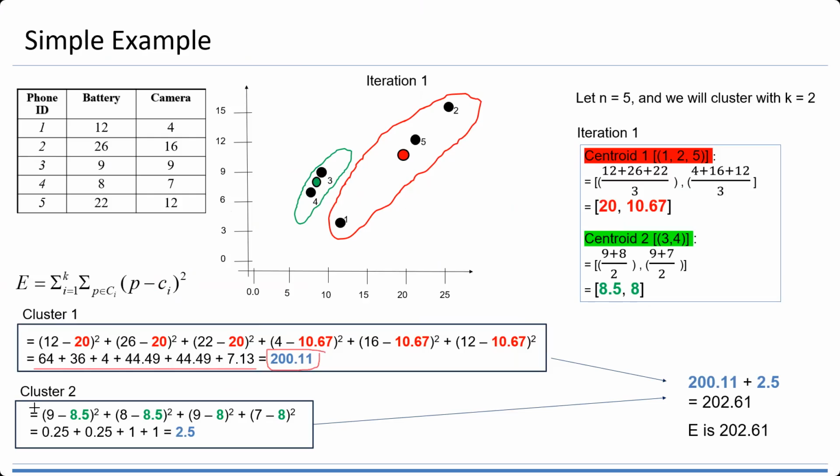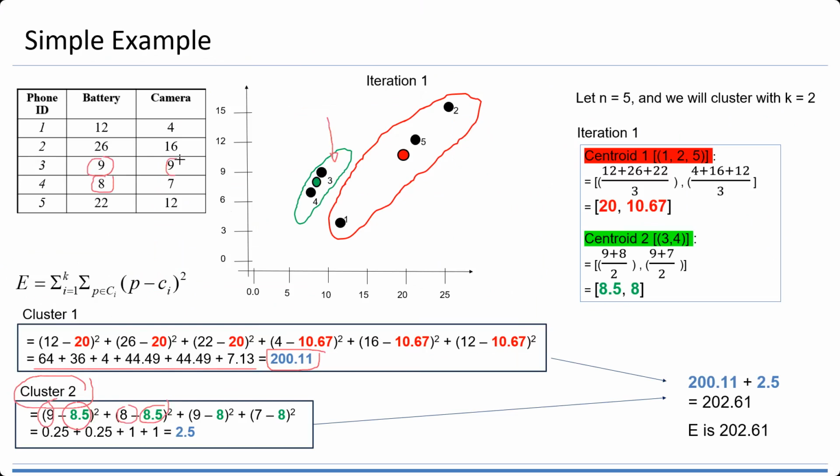What about cluster 2? Cluster 2 is the green color. It should be the same. Okay, so we will do the subtraction. 9 minus the center point, and then 8 minus the center point.